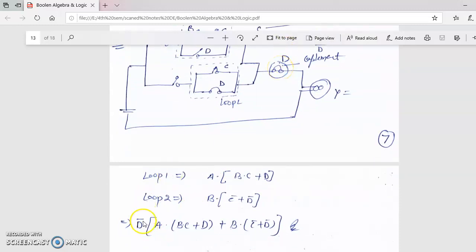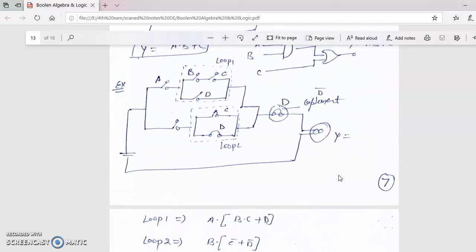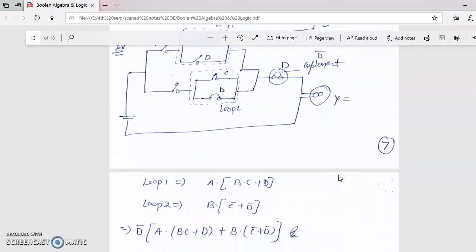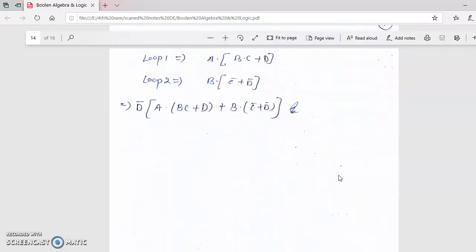So whole expression is D bar times bracket 1, that is loop 1, and that is loop 2, and both are in series, so we can act by the OR gate. Okay, I hope this is very clear, and please students go through a number of examples from books like these examples. These examples are very important for your RTU exams. Okay, students.